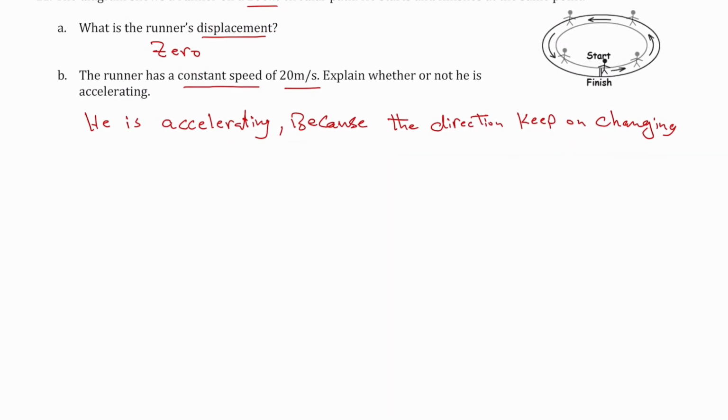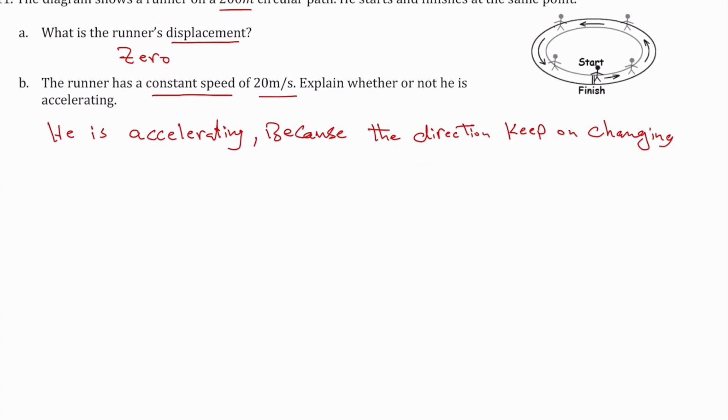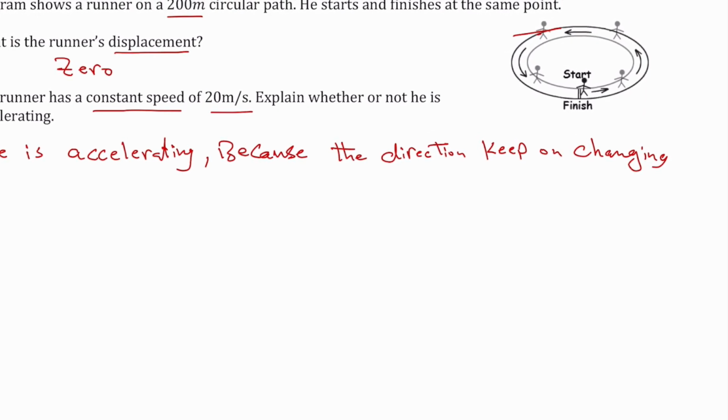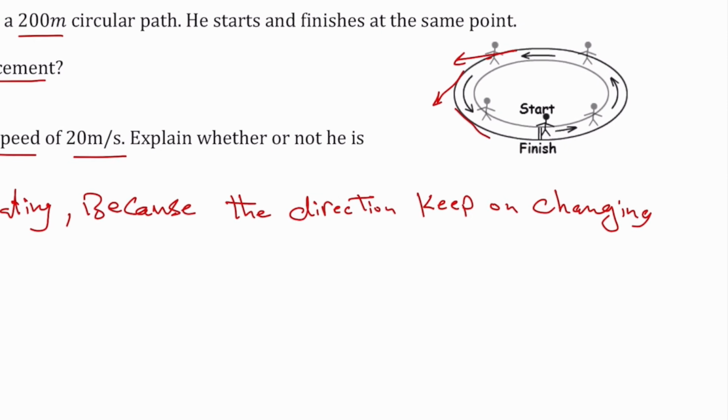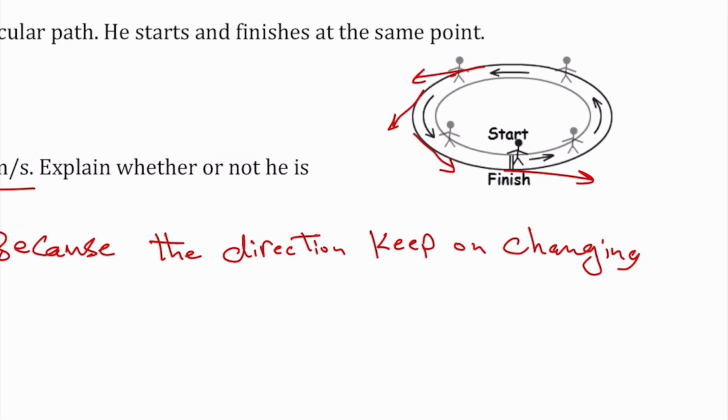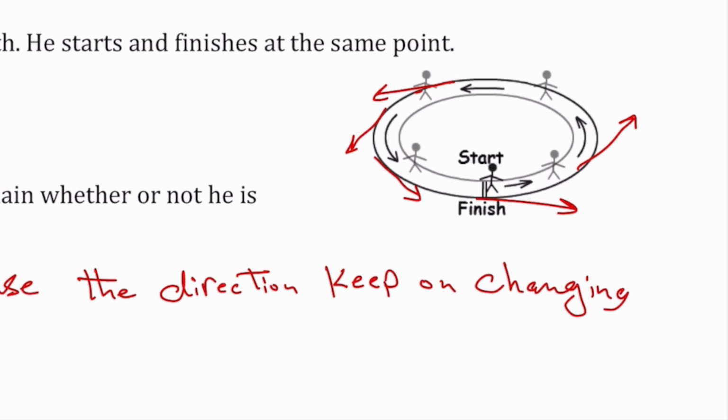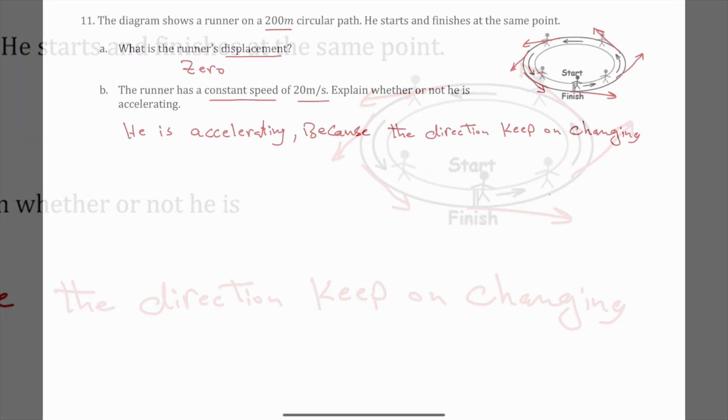If we take the vector of the velocity, here we draw a tangent line at any point, so we'll notice that the direction keeps on changing. Thank you.